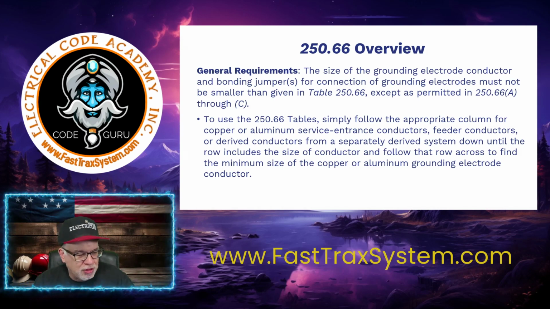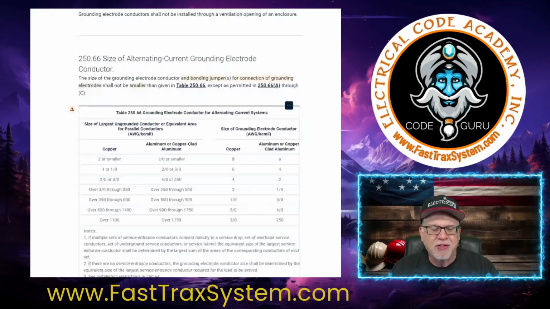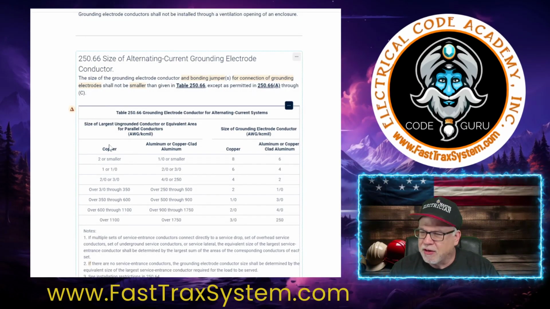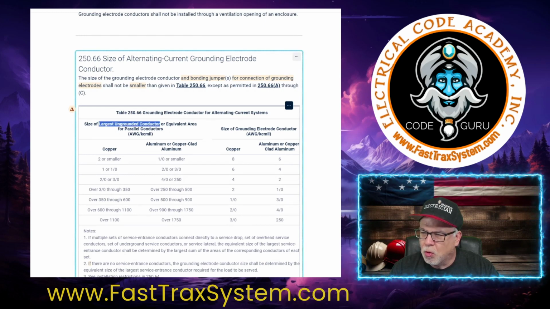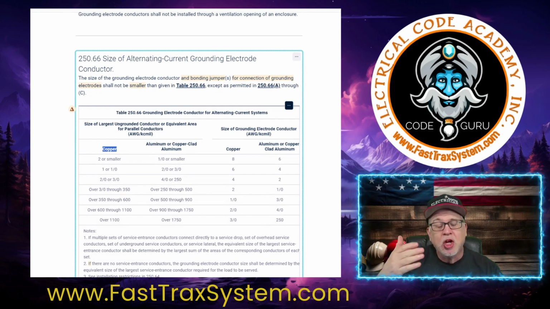Okay, well, we're going to go look at the code book in order to kind of see what we're talking about. So let's go. So here's the code book. So here's what it's saying right here. It's saying you go down and you find the size of the largest ungrounded conductor or equivalent area of parallel conductors, right? You come down here, if they're copper ungrounded conductors, and whatever they may be. So I gave you my example of two parallel 500s. So together, 500 and 500 is 1,000.